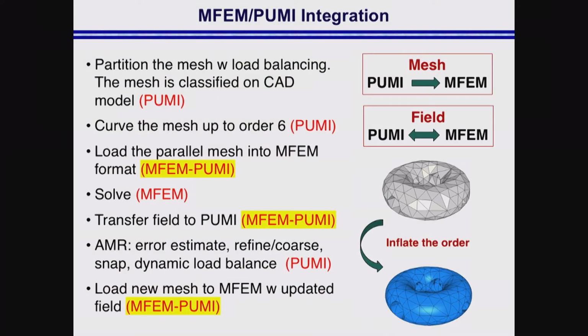So this is just the interaction. We bring the mesh in from PUMI. Once we want to start doing adaptation of that, we need to keep the two-way links between the internal structures in MFEM and PUMI to deal with the fields, because we do solution transfer during mesh adaptation on the fly as we're doing the adaptation.